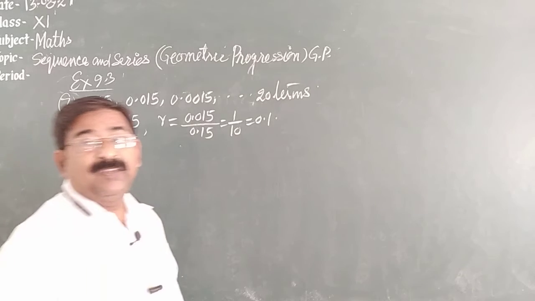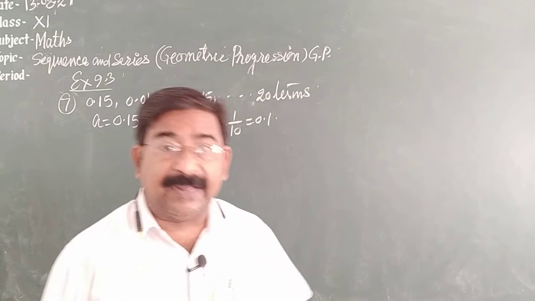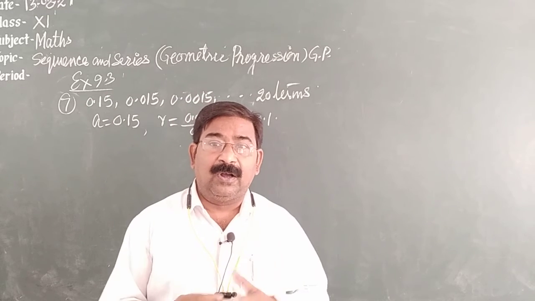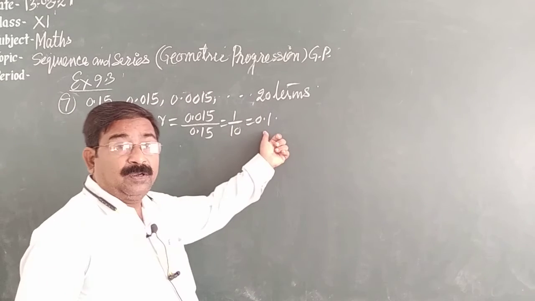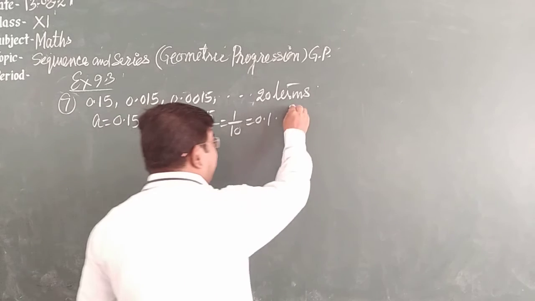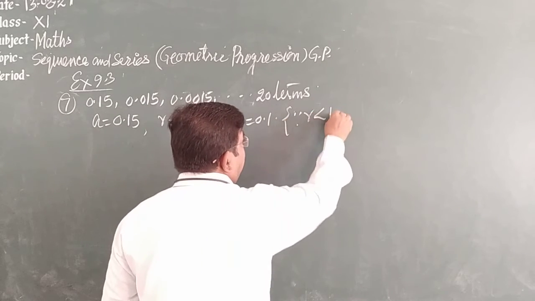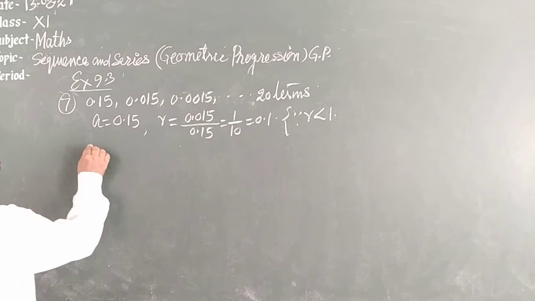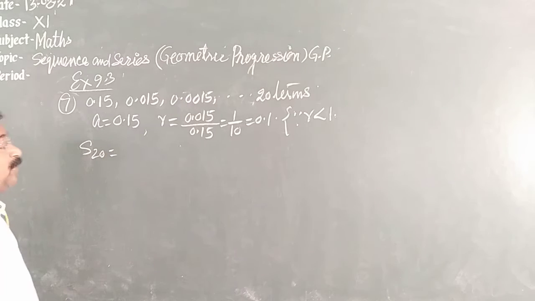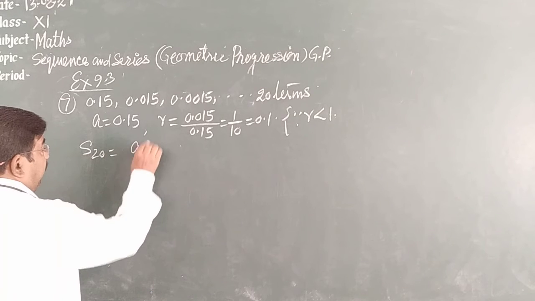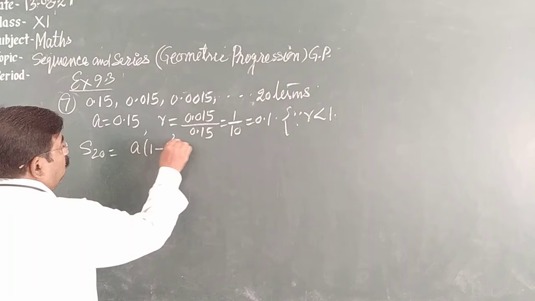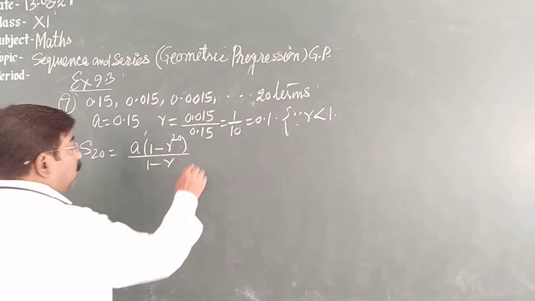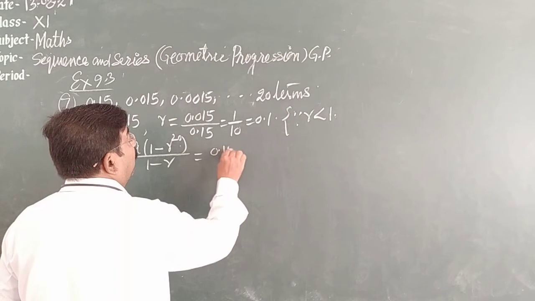And here when we are going to find the sum of any sequence in GP, first we have to decide the value of r, whether it is less than 1 or more than 1. This is 0.1, clearly it is less than 1, so you can indicate here since r is less than 1. Now you can apply the formula for this. So we are applying S20 is equal to a into 1 minus r to the power 20 upon 1 minus r. Write the value. A we are given 0.15.